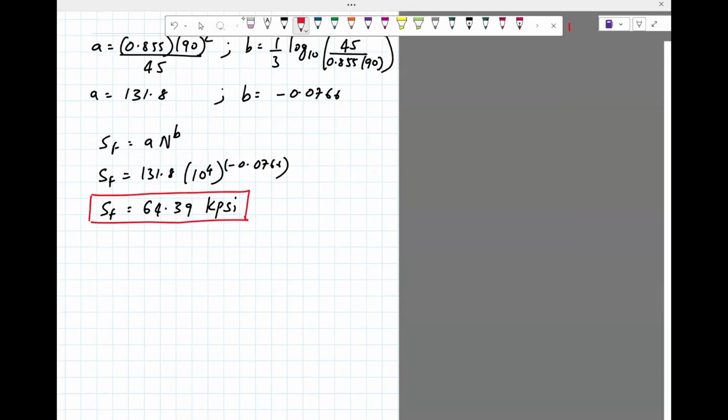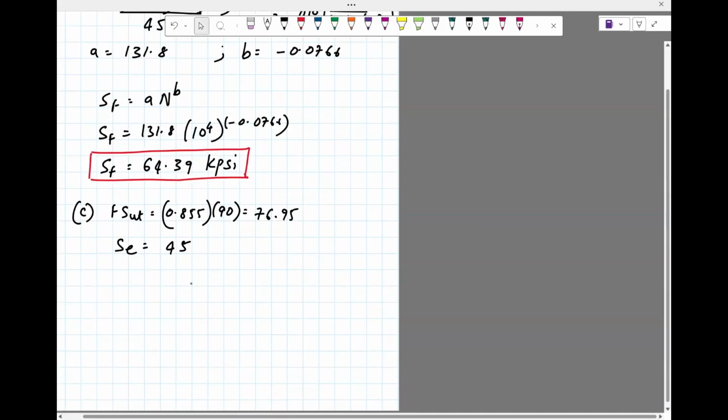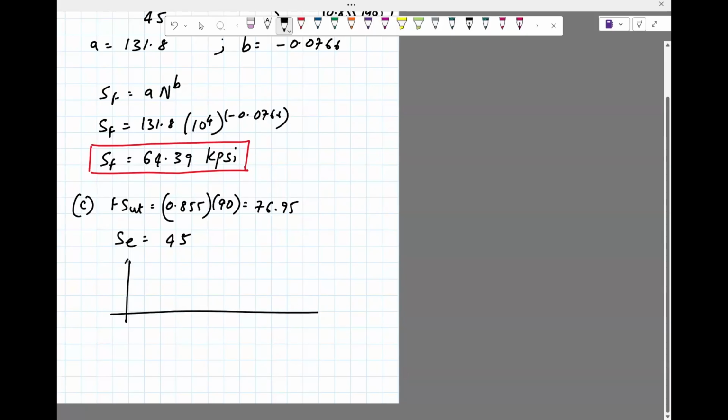Okay. So part C, F SUT is 0.855 times 90, which is 76.95. And then we know that SE is 45. And then if you look at the curve, we have three regions. So we have this, then it's down, and then it's flat.